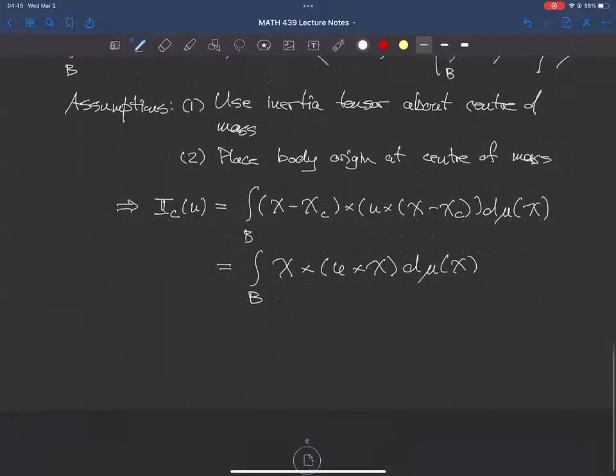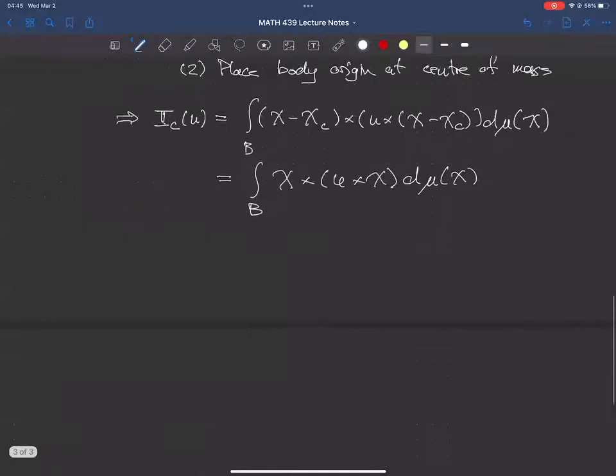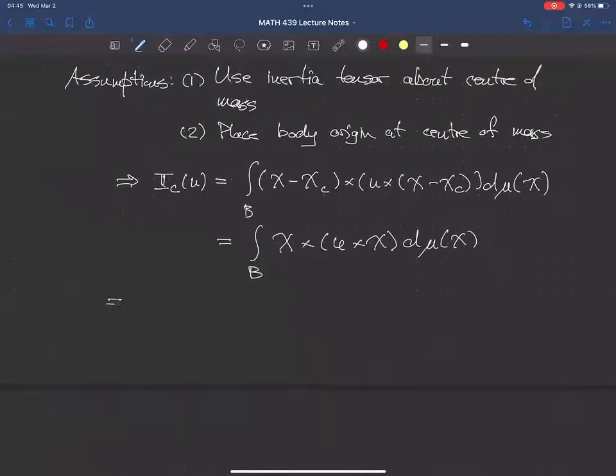all right. So that's one thing that's true. It's also true that the center of mass, okay, so what's the center of mass? The center of mass by definition, and so let me use it as chi. Okay, so two things are true. First is that with these assumptions that I'm making up here, the center of mass chi c is equal to 0, and that's my assumption about where I've placed the body frame.